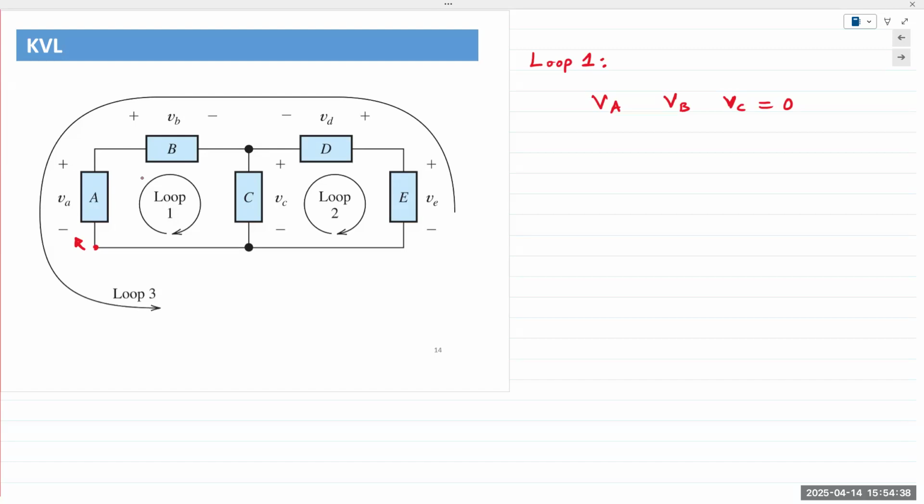As I go around, whichever sign I encounter first, minus, plus, and plus, is what I enter into my KVL equation. So I enter minus VA plus VB plus VC equals 0.